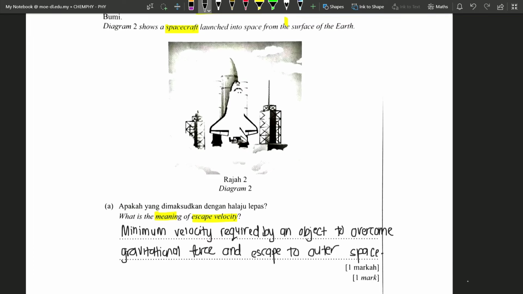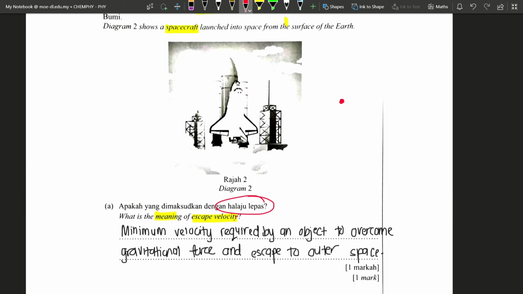So maksud dekat sini, kalau guys ada satu objek, untuk objek tu keluar dari permukaan planet, let's say bumi, kita ada satu objek dekat bumi macam roket ni. So untuk roket ni nak keluar dari permukaan bumi, halaju yang dia kena guna mestilah melebihi halaju lepas, mestilah exceed the escape velocity. Kenapa?